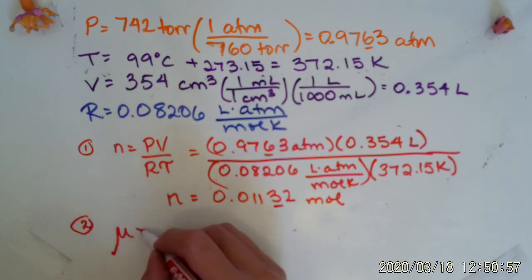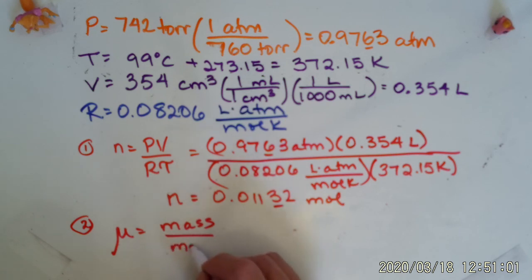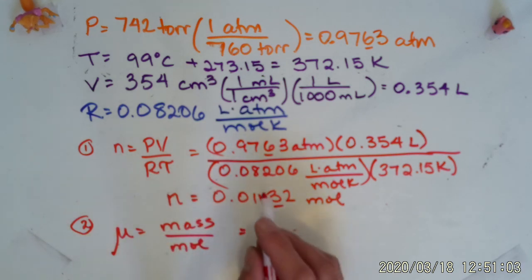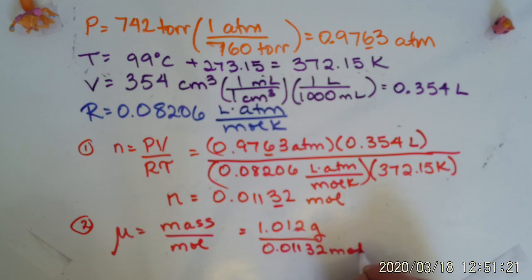Okay, so let's do step 2. The molar mass is equal to the mass of my sample divided by the moles of my sample. And we said this was 1.012 grams, and the moles is 0.01132 moles.